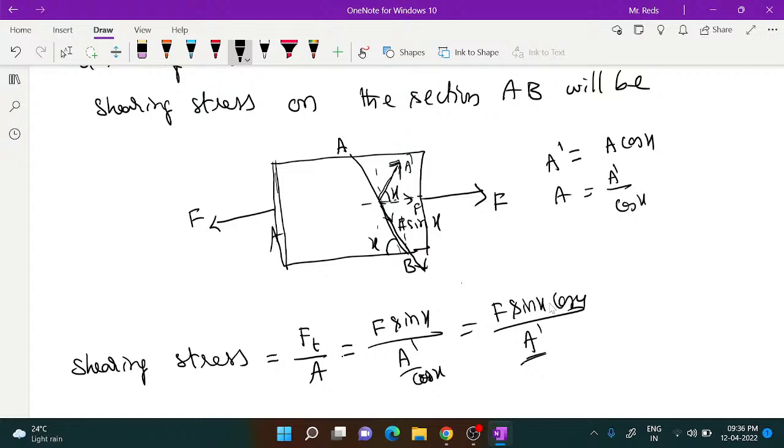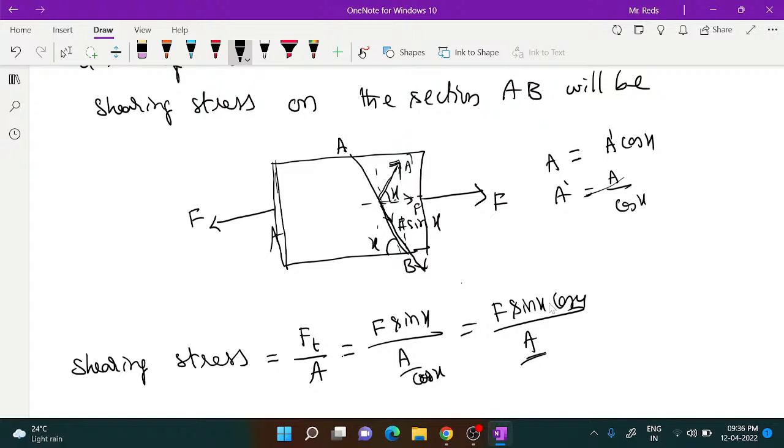The symbols you can change. So A is equal to A dash cos x, hence A dash is equal to A by cos x.